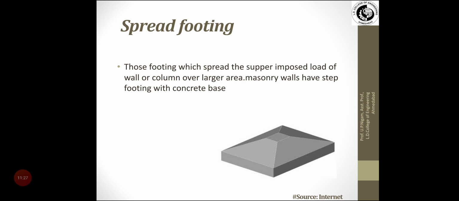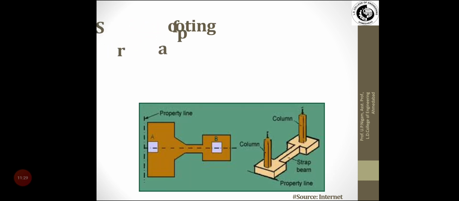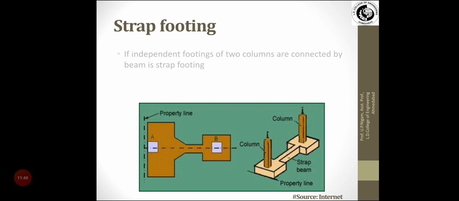Masonry walls have stepped footing with a concrete band. Then there is strap footing, in which two building components are joined by one strap, that is a strap beam. In this figure you can see that A and B are building components, and these two foundations are joined by the strap beam.